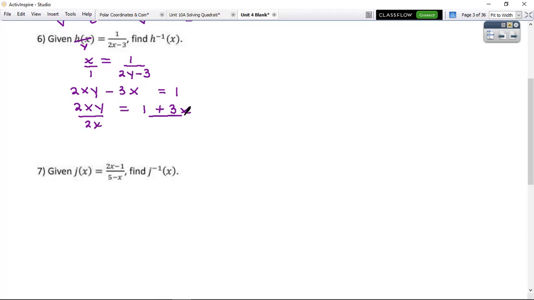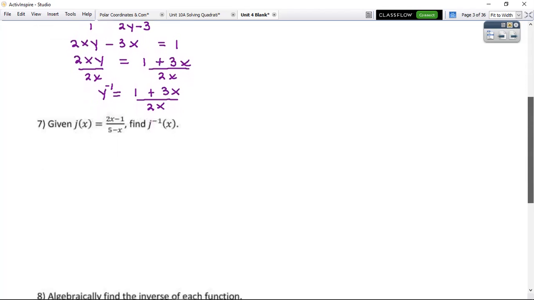So that gives me a final answer of y is equal to 1 plus 3x divided by 2x. Oh, I have to switch my notation. I'll do this since I already wrote y. There we go. So I don't have to limit that, that's fine.